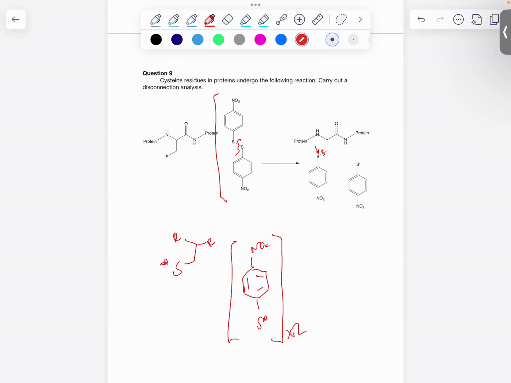Because this molecule is the same, I'm just going to put it in a bracket times 2. And so we have added this whole functional group onto the protein.